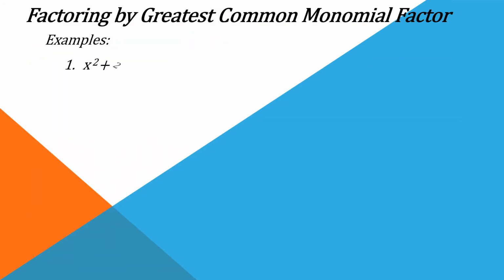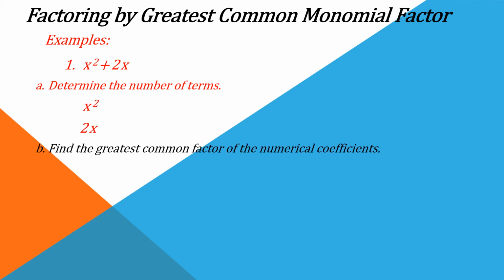Example: x squared plus 2x. First is determine the number of terms. In this example, we have two terms, x squared and 2x. Step letter B, find the greatest common factor of the numerical coefficient.